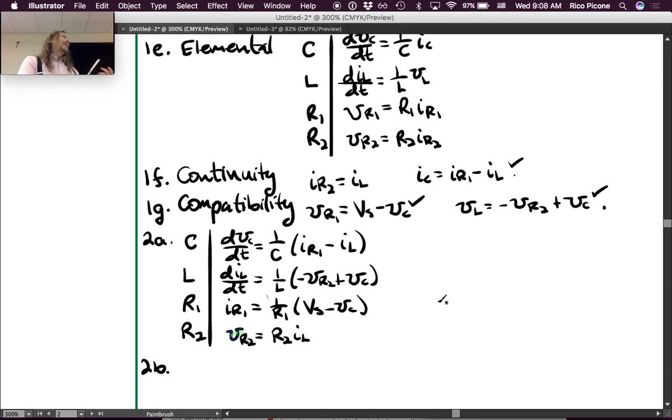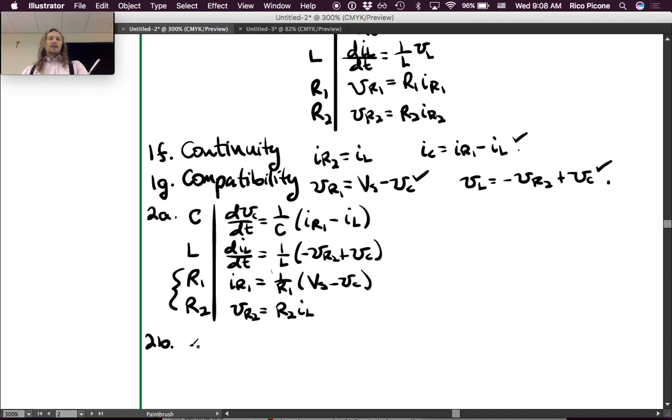And this works out like, I don't know what percentage of the time, but some percentage of the time, I always write the elemental equations for the energy storage elements on top. So the lower ones always end up being the ones you need to use to substitute and get rid of variables. Fortunately, we can just do that directly.